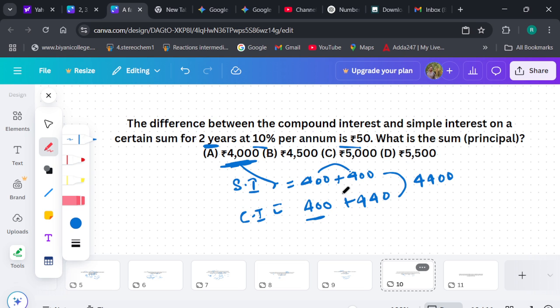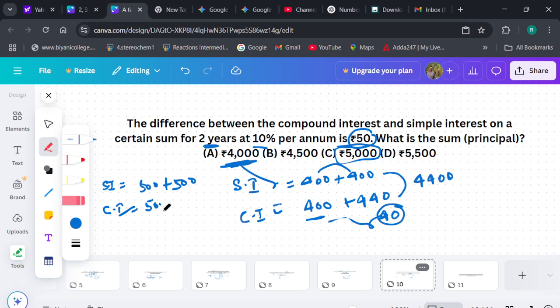The difference overall will be equal to 40. Now I want the difference to be 50. So from this I can tell that it should be 5,000. If I take SI for the first year, 10 percentage of 5,000 is 500. Second year it is 500, correct? Now CI, it is 500.